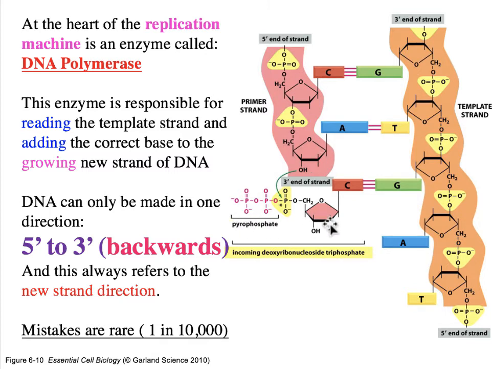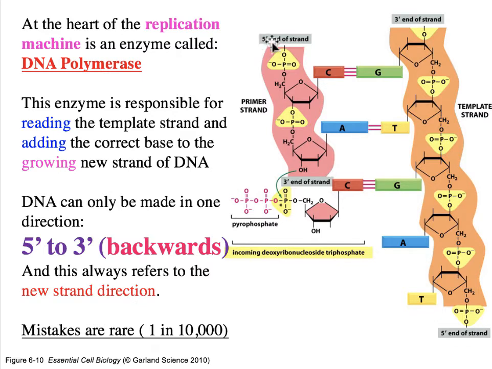And that is satisfied here because as we bring in the new nucleotide, in this case a C nucleotide, we find that it has the necessary orientation to be polymerized to the existing new strand. The reason why we're adding a C is because that is the only nucleotide which would fit stereochemically across from a G. One further observation is that we also satisfy the backward direction in which DNA is made.